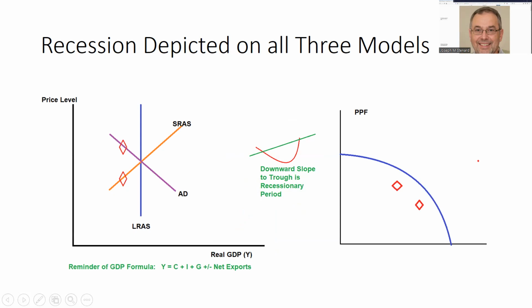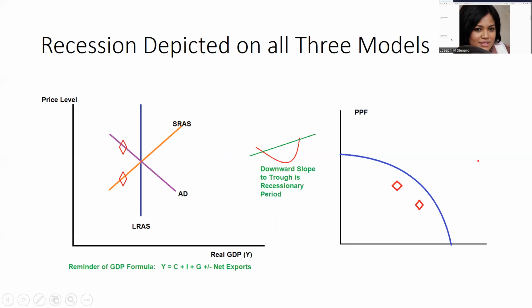Let's see what a recession looks like on all three models, shall we? So here with the long run equilibrium model, we see the price level and real GDP, very familiar, except that I've added the short run aggregate supply curve, the aggregate demand curve, and the long run aggregate supply curve intersecting there. If we were in equilibrium, we'd be right at that point. But because we're in recession, the economy is sick.